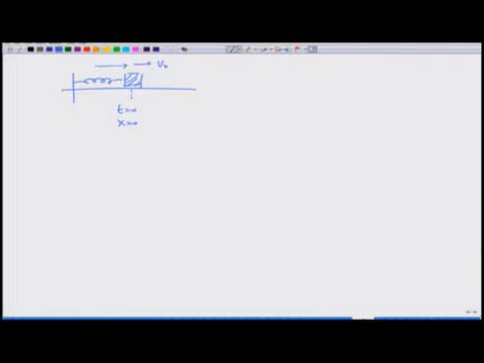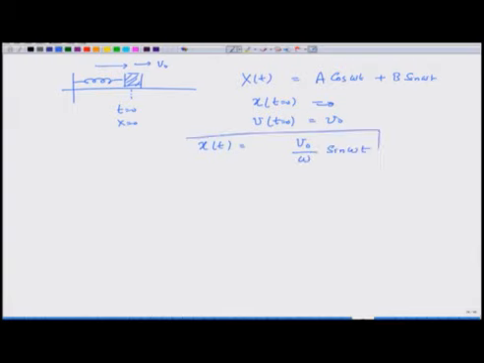So, then from x t equals a cosine omega t plus b sine omega t, and from this condition that x at t equals 0 is 0 and v at t equals 0 is v 0, I am going to get x t equals v 0 over omega sine of omega t. That is going to be the description of the motion. Both are simple harmonic motion.